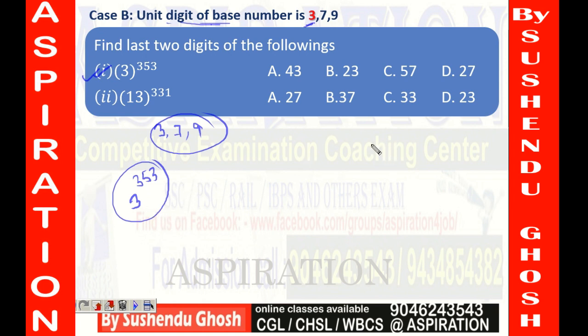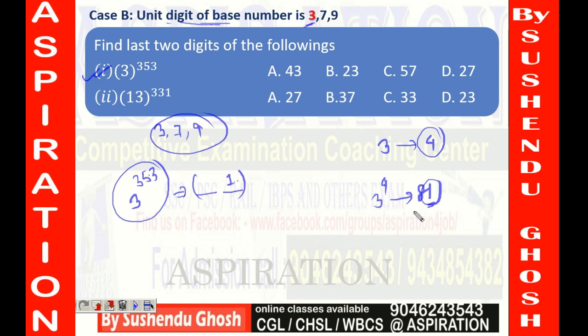Just some time back I told you that the cyclicity of 3 is 4, which means 3 to the power 4 is 81, which gives you 1 in the unit place. That means you have to break this power in such a way that the base number always gives you 1 in the unit place.